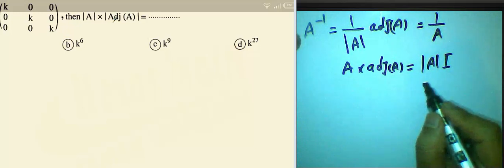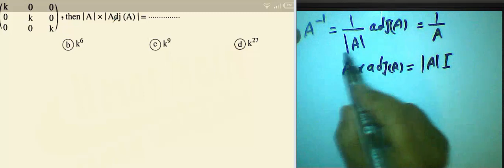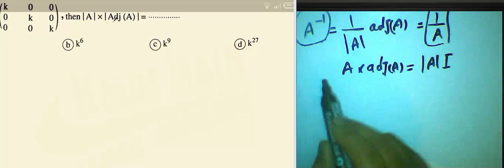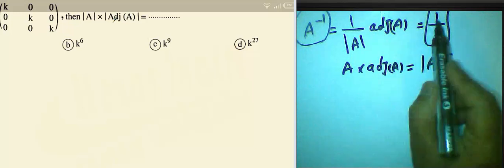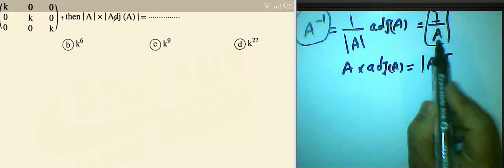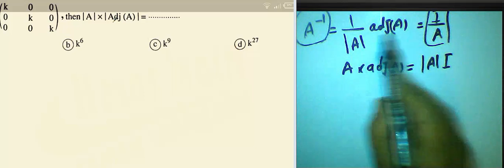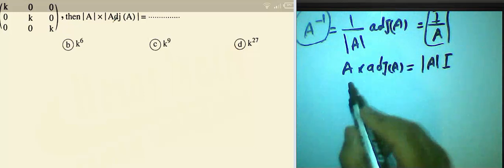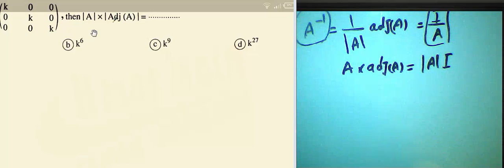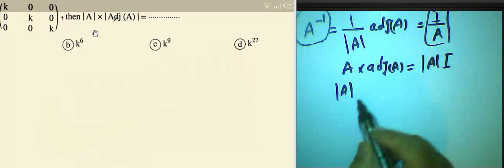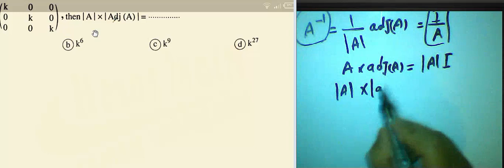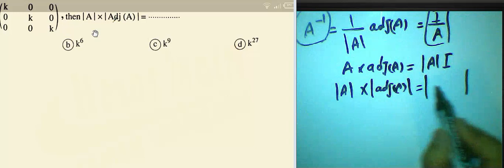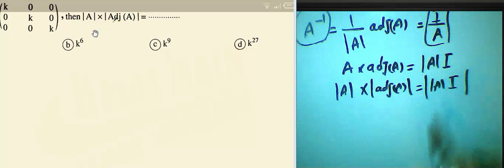Again, we know A inverse equals 1 over determinant A multiplied by adjoint A, which is 1 over A. We can cross-multiply: A times adjoint A equals determinant A multiplied by I. And then what does he ask? He wants to find the determinant of A times the determinant of adjoint A, which equals the determinant of A times I.